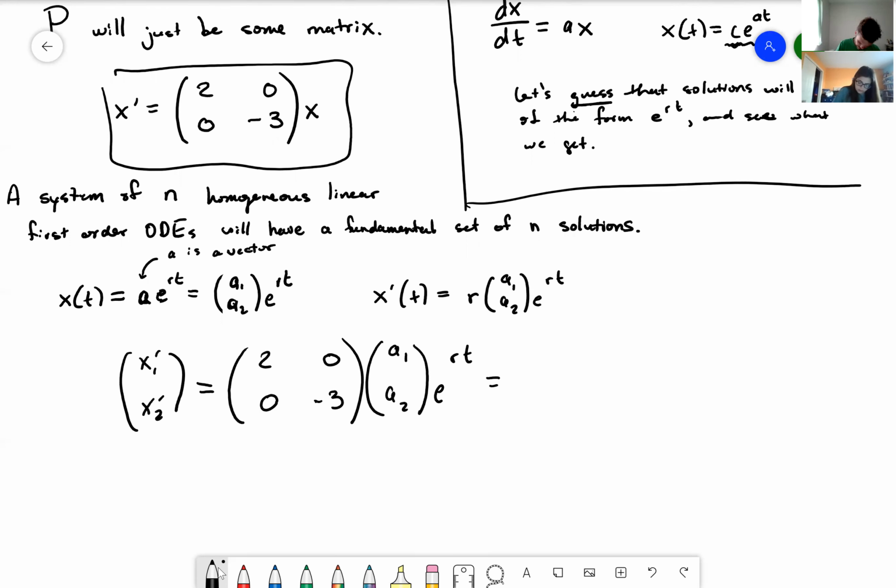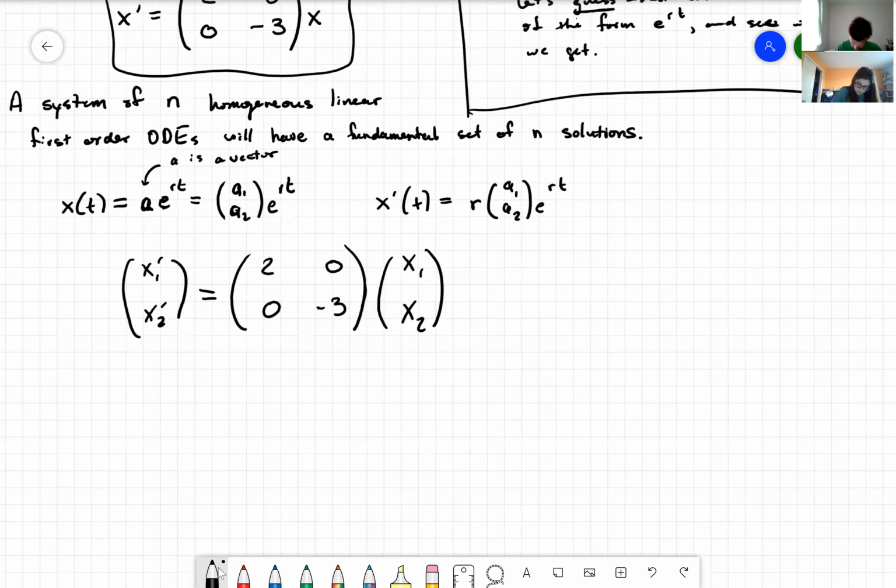Let me take a step back. I'm getting a little bit ahead of myself. This is a special situation. We're dealing with a diagonal matrix here. Let's just go straight to trying to solve this.